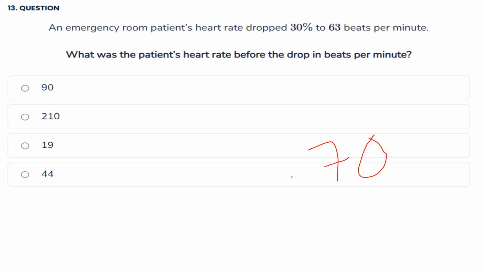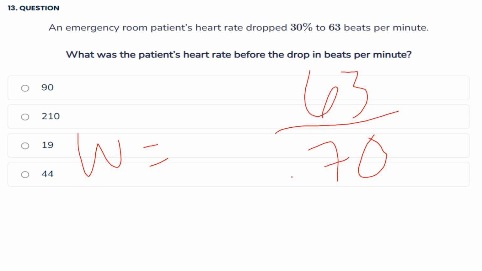All right, so we know whole equals, I'm going to put W equals the part divided by the percent in decimal. I guess I can write that out. Whole equals 63 divided by 0.70. So I'm going to do the math now.